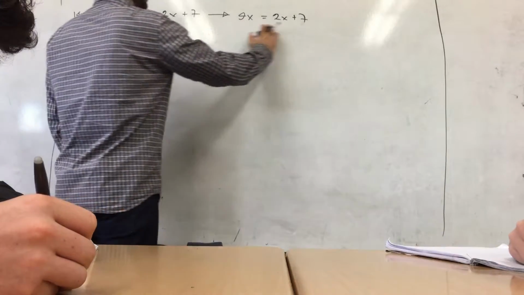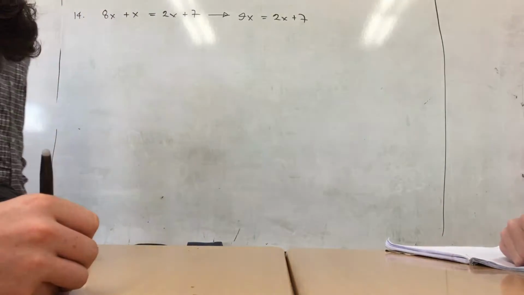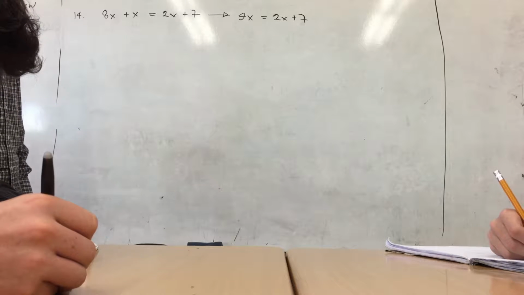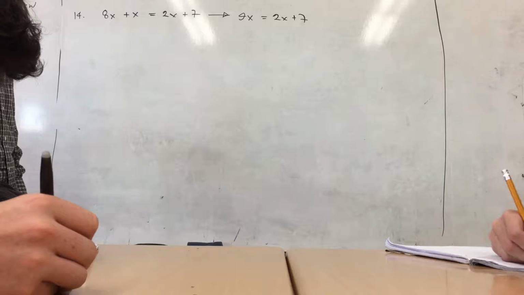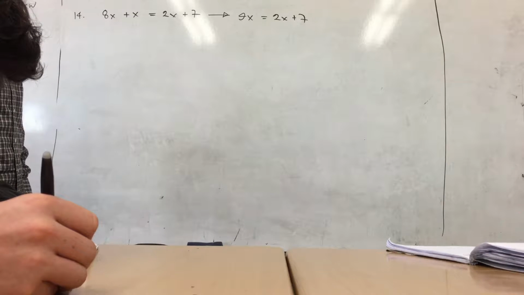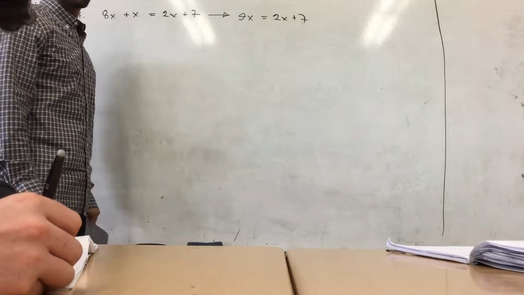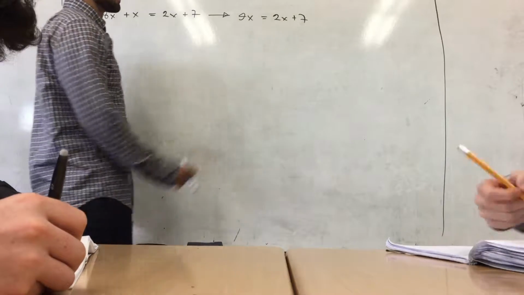Okay, now where do we go with this? On the other side, would it become 10x? Where do you get 10 from? I mean, not 10, 9x on the other side.